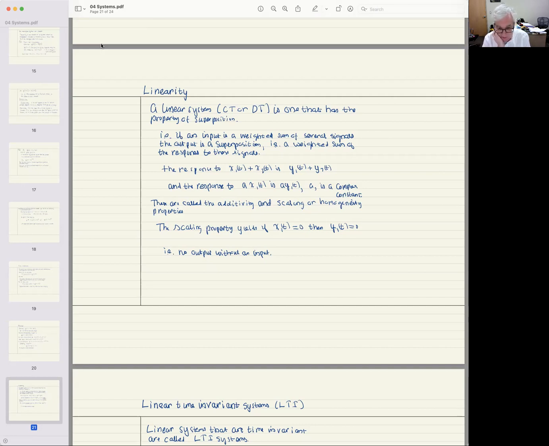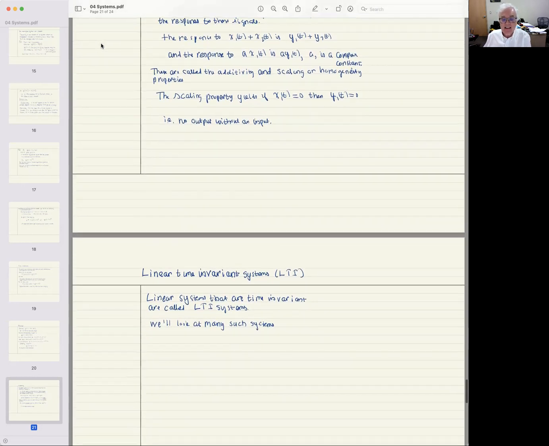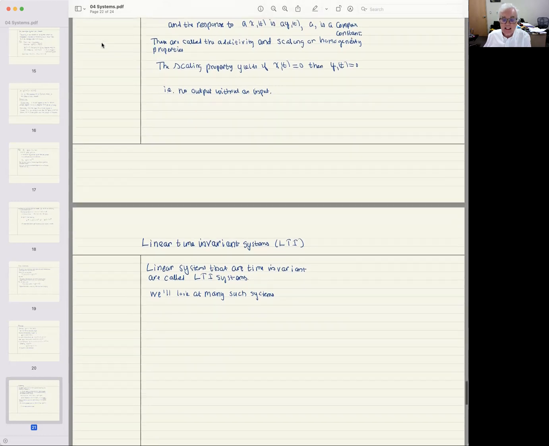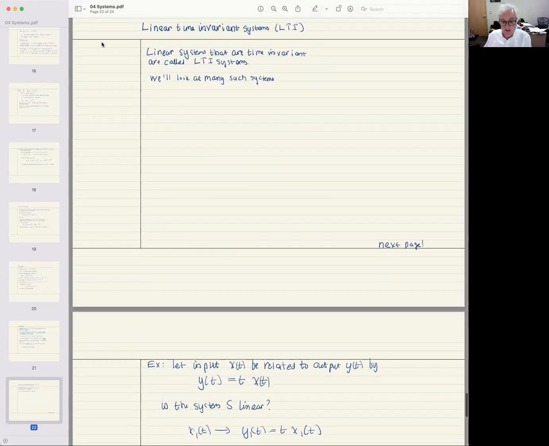I've actually published 4 papers relating to scaling and homogeneity, which deduce general properties of systems. But anyway, then I go on to combine time invariance with linearity, and we introduce linear time invariant systems, which are the systems we'll spend much of our time looking at this semester.